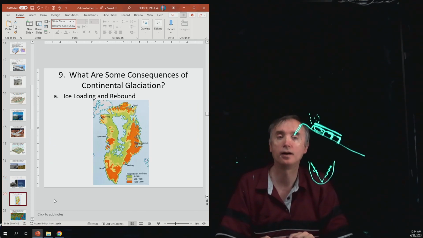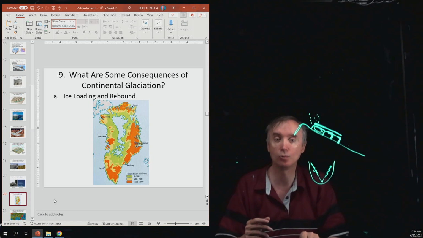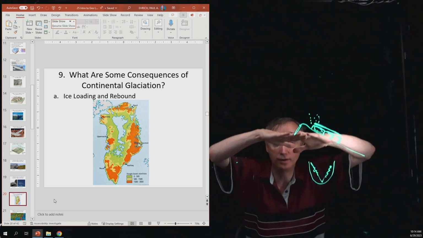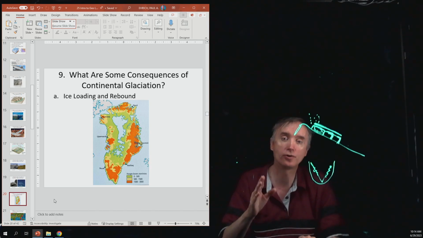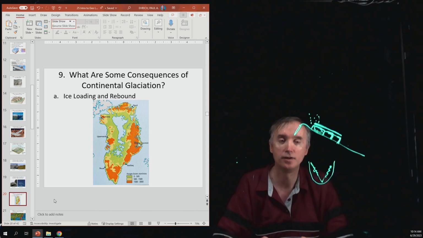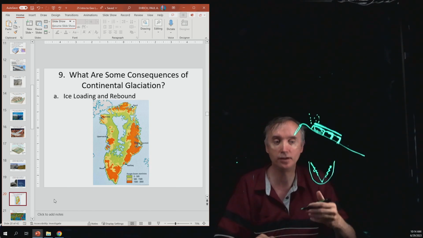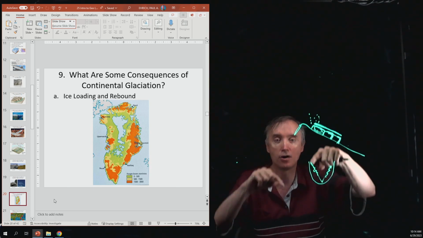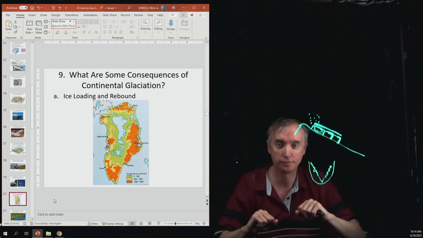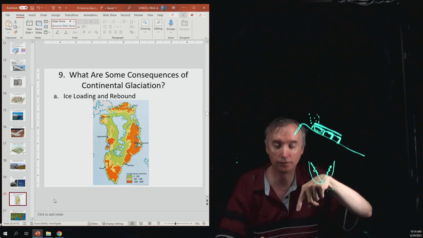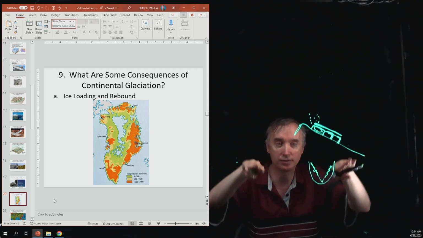Okay, then what are some things that ice can do? Well, ice has weight, so the weight of that ice can push the ground down. For example, this is a picture of Greenland, and you'll notice that topographically speaking, the mountains are on the edges of the continent of Greenland, and then in the middle of Greenland is a basin.